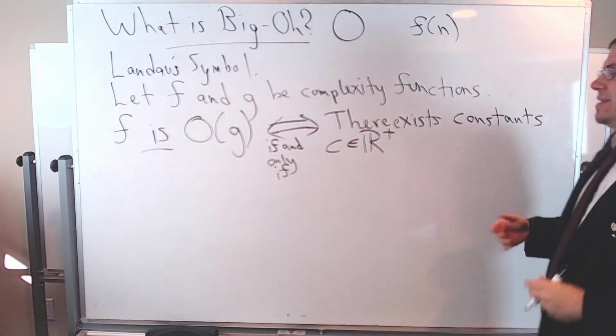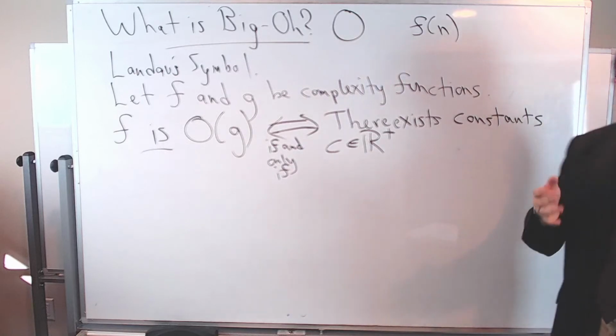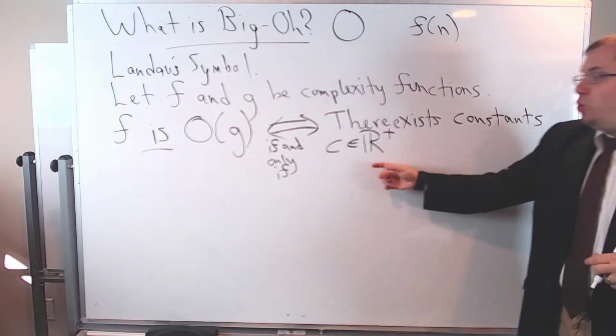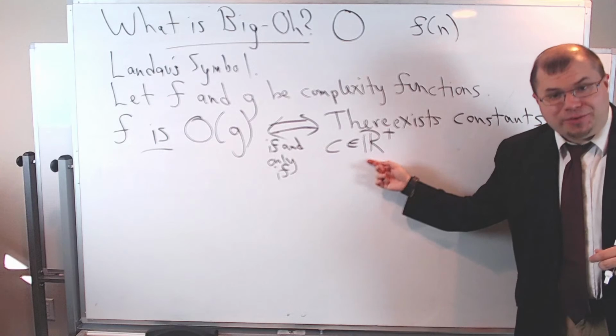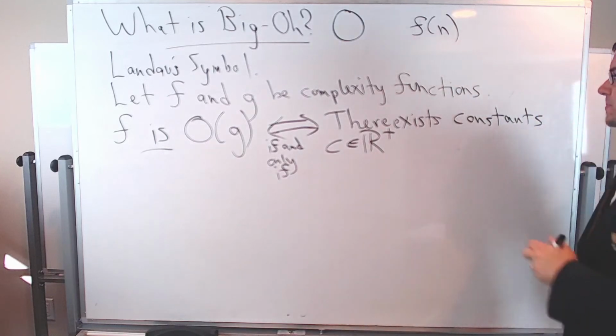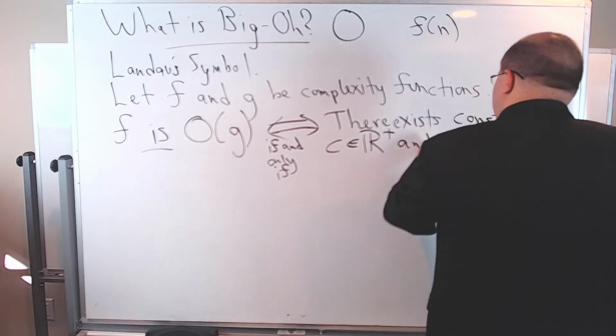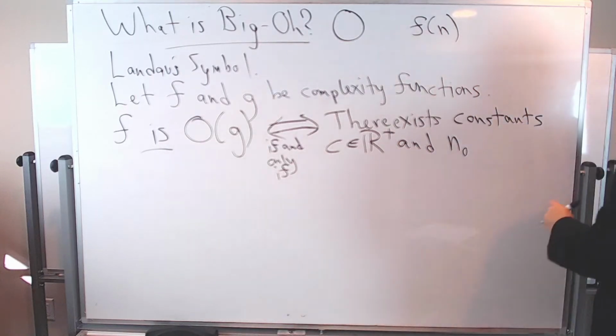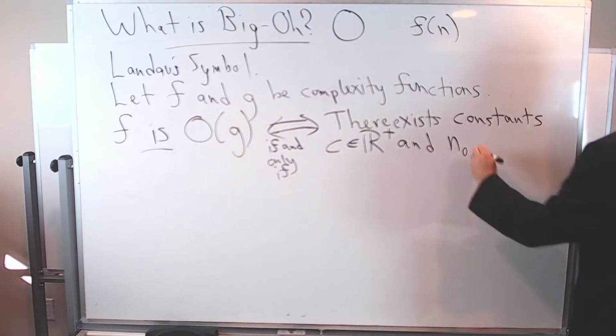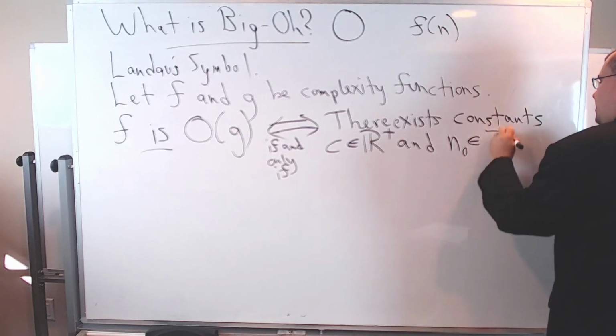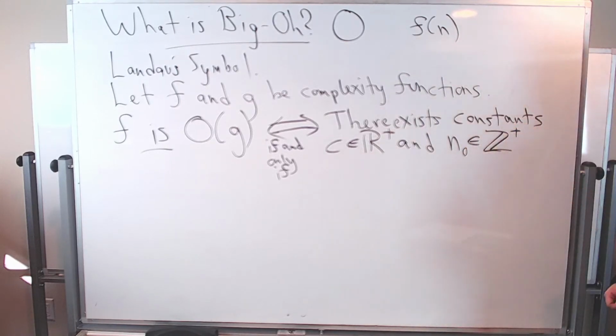So this is things like 1/2, 1, 2, 5, but will not be 0. Likewise, it cannot be negative. And n0, n with a subscript 0, is going to be a positive integer.